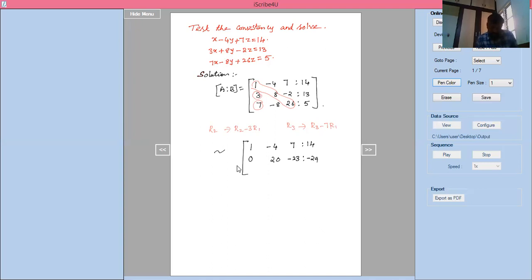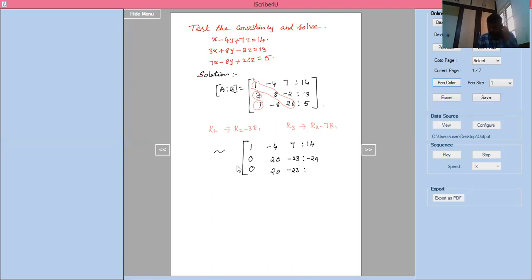Next R3: 7 minus 7 is 0. Minus 8 plus 28 is 20. And next one: 26 minus 49 is minus 23.